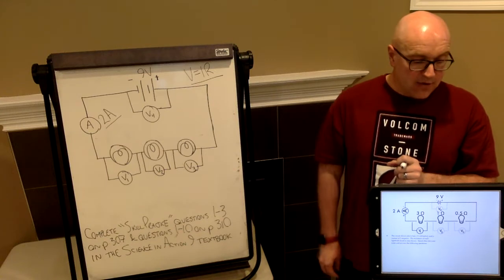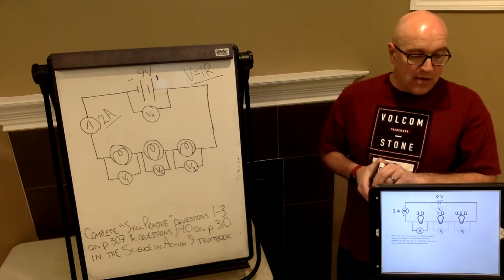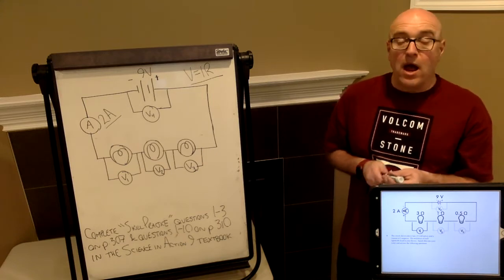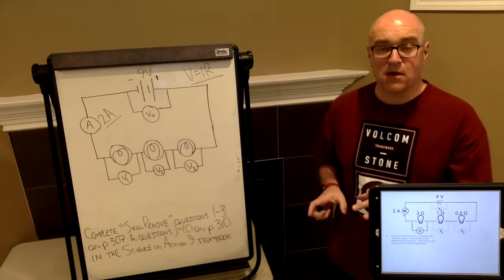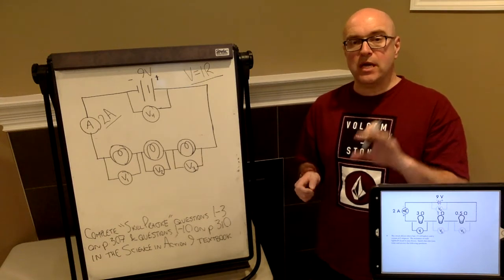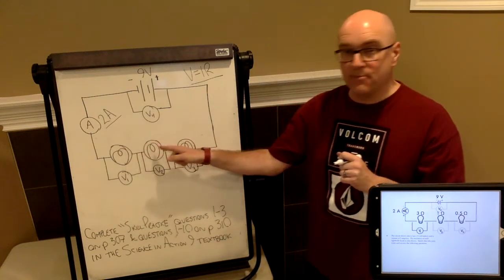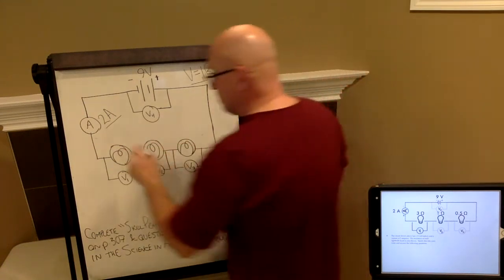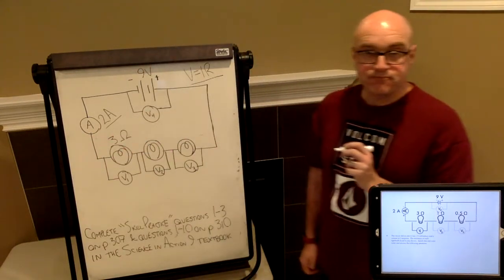I also know the resistance of the three loads that are on my diagram: light bulb 1, light bulb 2, and light bulb 3. The resistance of light bulb 1 is going to be 3 ohms.